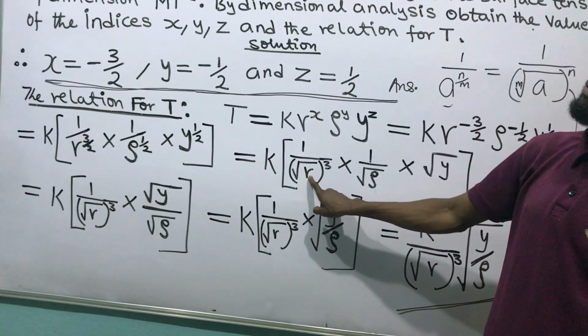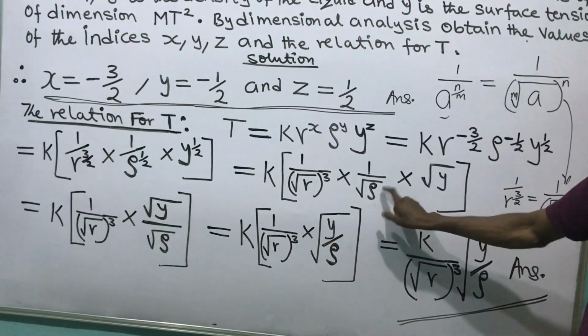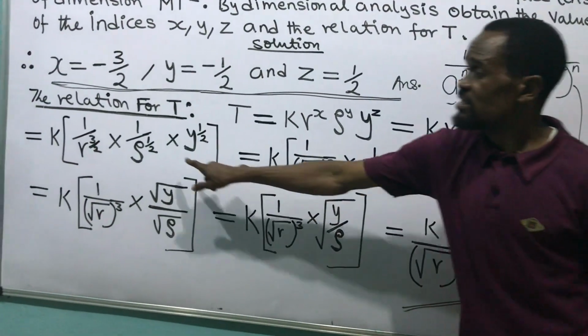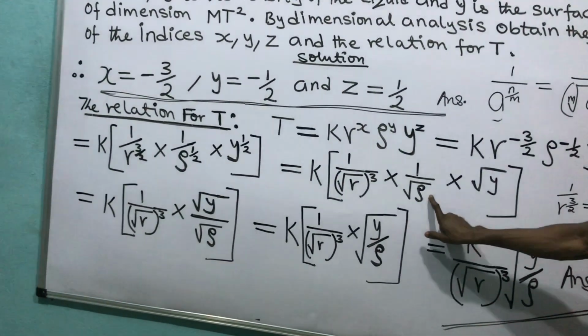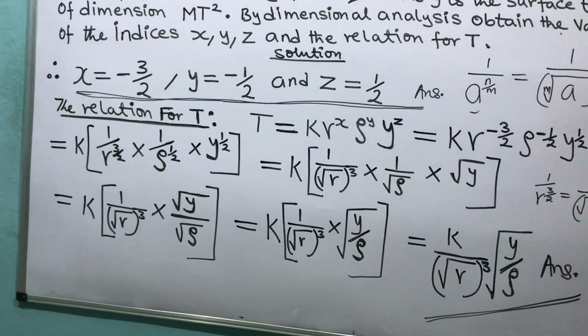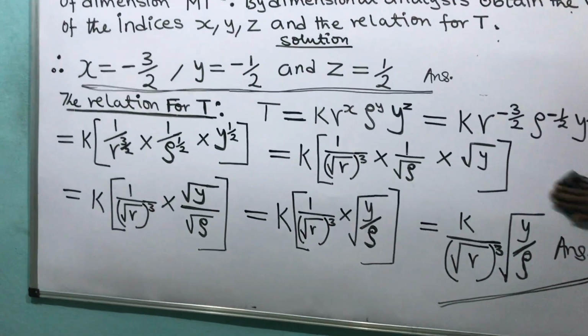I think you have seen what I'm talking about. Then this will now be written this way. The same thing: the density raised to power 1 over 2 will be written this way. You remember, how did I get that? I'm still doing the same thing I did in indices.